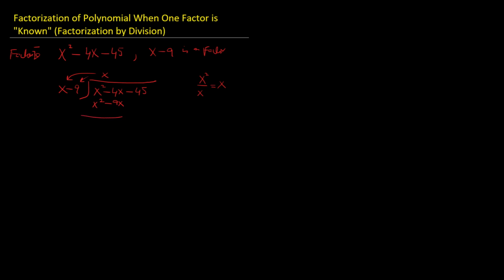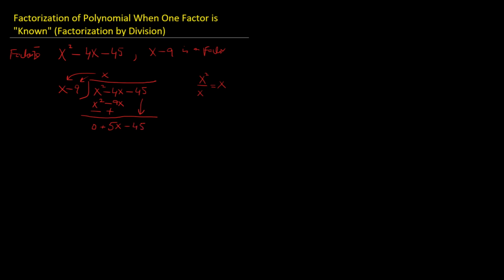Now you simply subtract these two. Change the sign and subtract, because when you subtract, the sign of the second changes. So x square minus x square is 0, minus 4x plus 9x is 5x. And then you bring this minus 45 here.